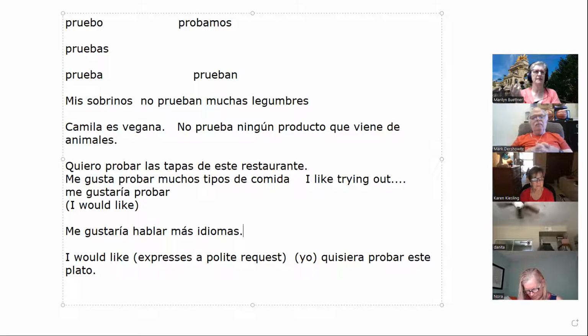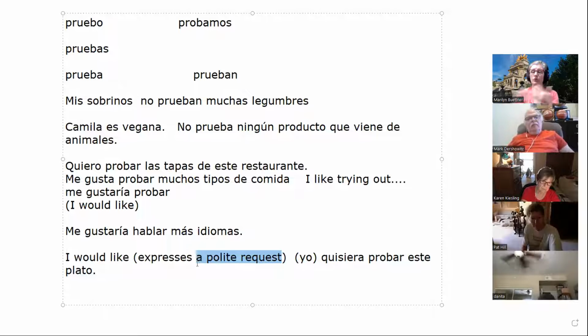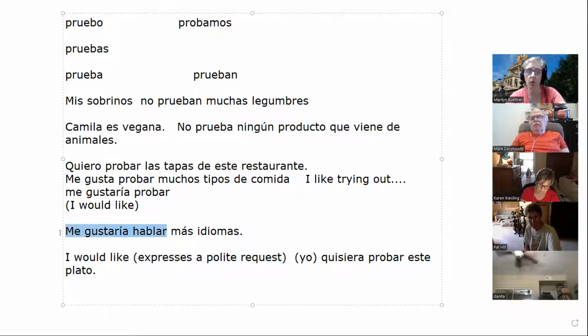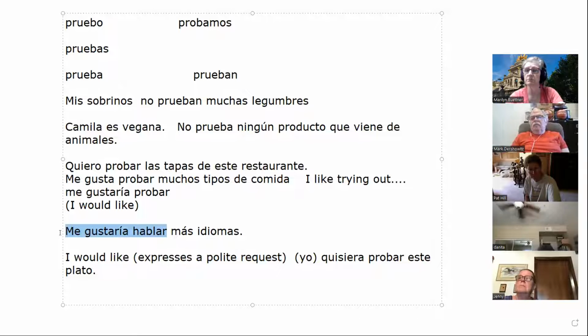Me gustaría does indicate what you would like, but it is not a polite request. Right? If you are on vacation with your husband or your wife and you say, I would like to scuba dive, it's not a polite request. It's just expressing what you would like to do, what you would enjoy.